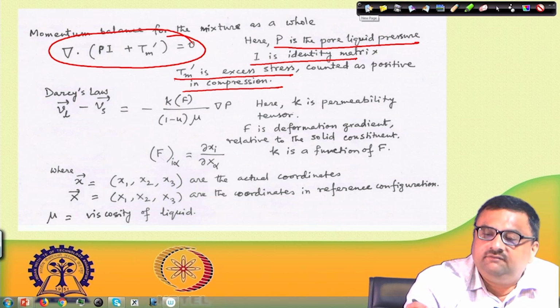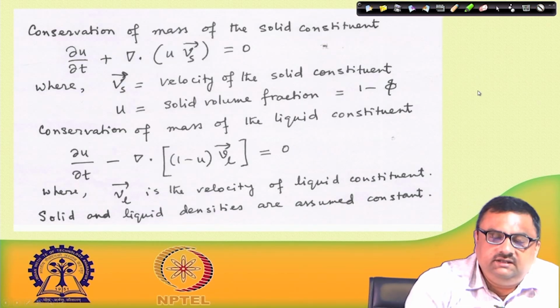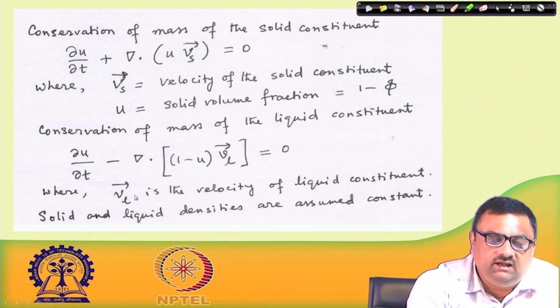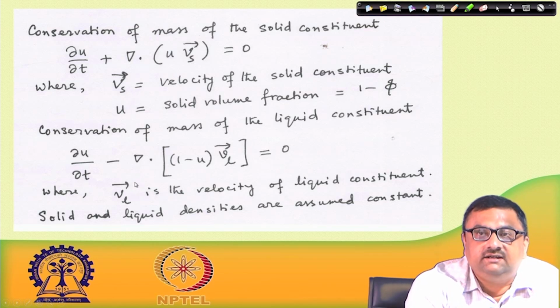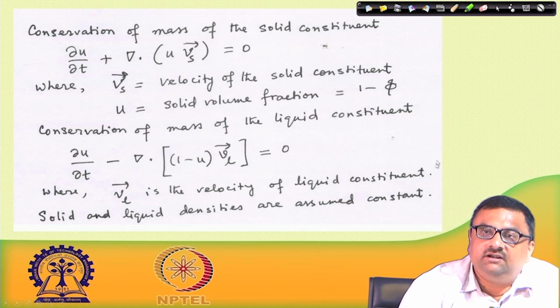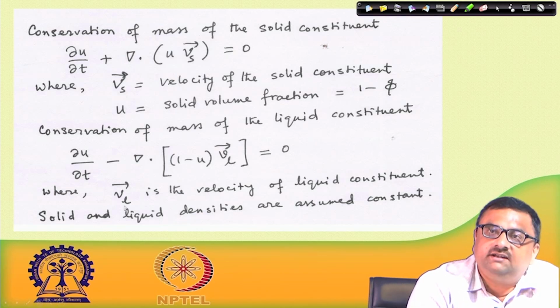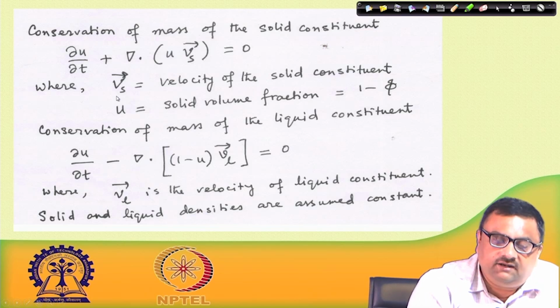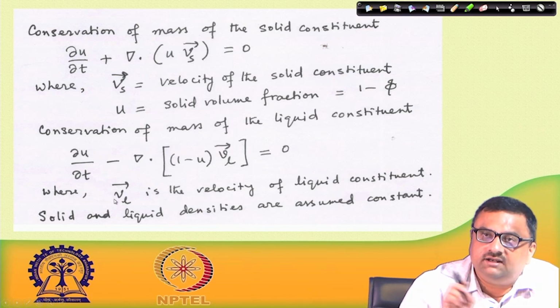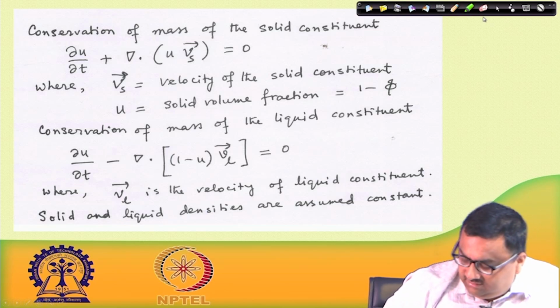So, when we talked about this one, these VL and VS, these are obviously interstitial velocity, because we have not used the total area, we have used only the area over which this solid fraction is occupying out of the total area. So, that means we are talking about interstitial velocity for the solid, and for the liquid the fraction of total area that is occupied by the liquid. So, we are talking about the interstitial area.